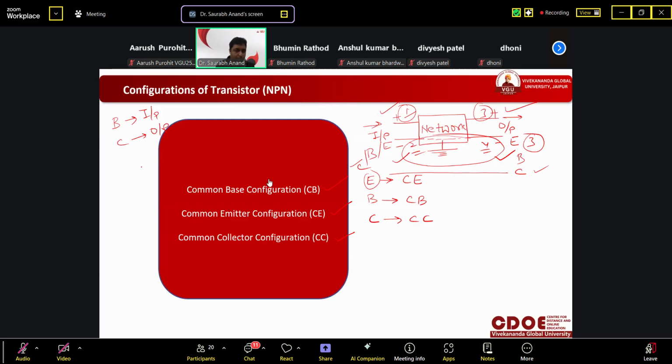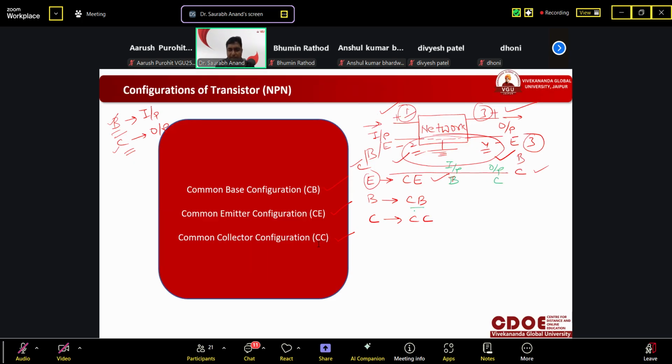So if we talk about common emitter, neither base is common nor collector. So base will be input, collector will be output. I am just writing here with another pen. So I am writing here input and output, right? In common emitter, base will be input, collector will be output.